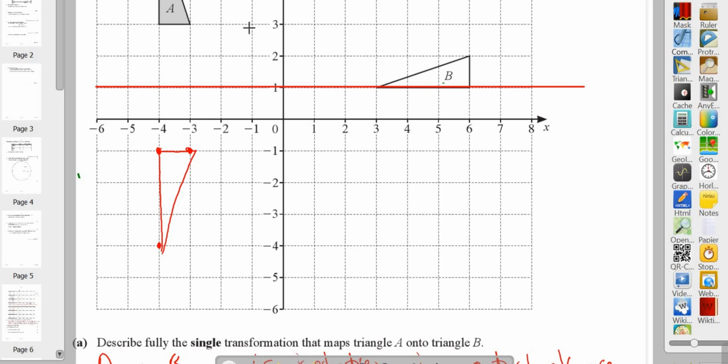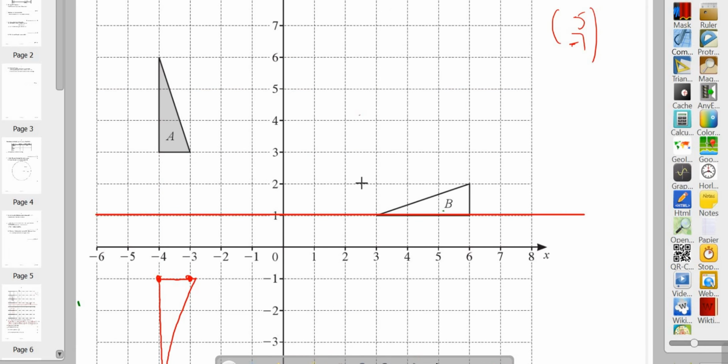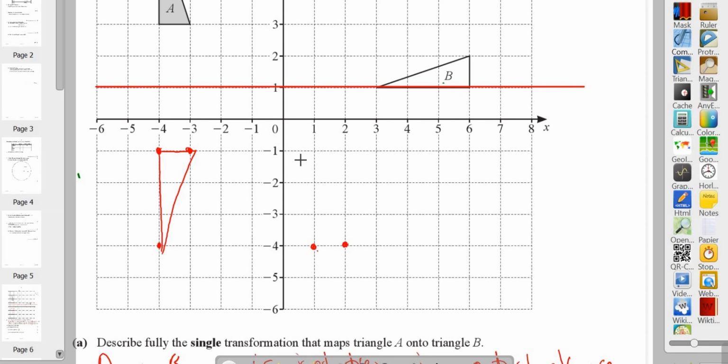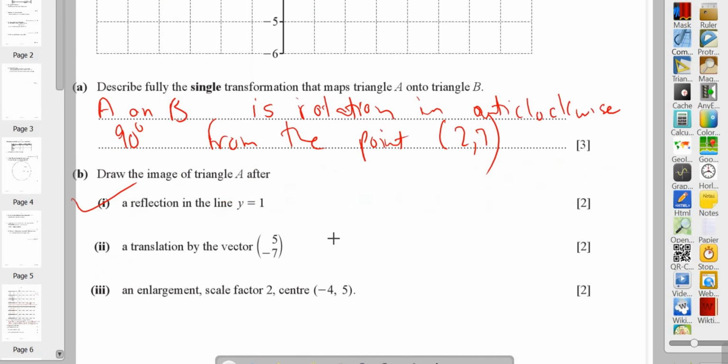I'll do it again for the next point, 5 right and 7 down. And again for the third point. I already know that this one is 3 up, so I'll just make it over here, 1, 2, 3 up like this. So this is your next answer for the translation.